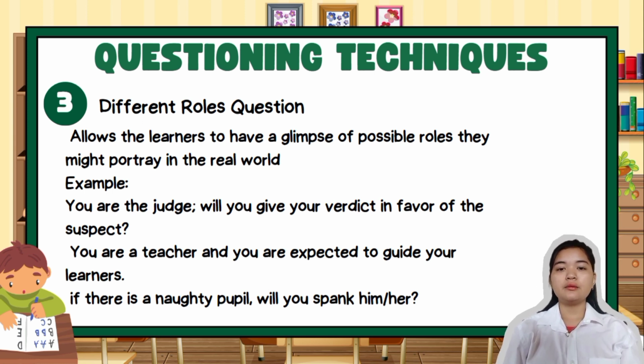Pero minsan, meron kang sobrang kulit na student, sasaktan o papaluin mo ba siya? So dito na po pumapasok yung mga situational question o yung mga tinatawag na real-life situation na susubok sa kanila kung saan at paano nila ito i-apply ng tama sa real world. Mga ganun, gaya ng mga example na nabanggit ko kanina.